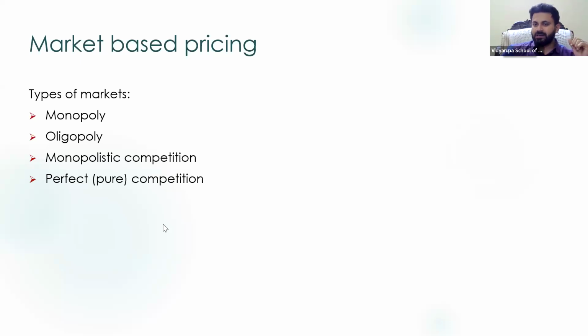There is only a single seller. There is no competition at all. So the market is controlled by that company. Why? Because the supply into the market, how many units reach the market, will be determined by whom? By that single seller. That's the specialty of monopoly: a single seller.